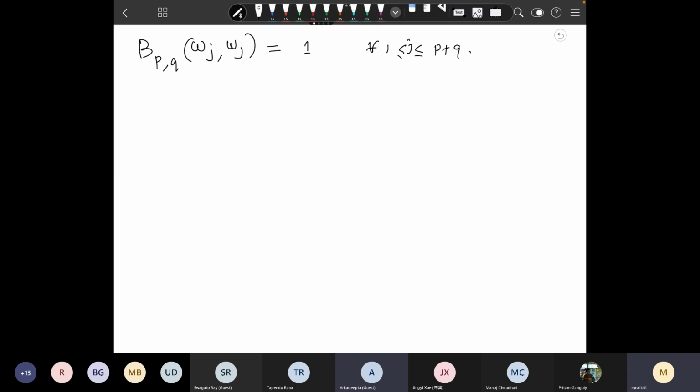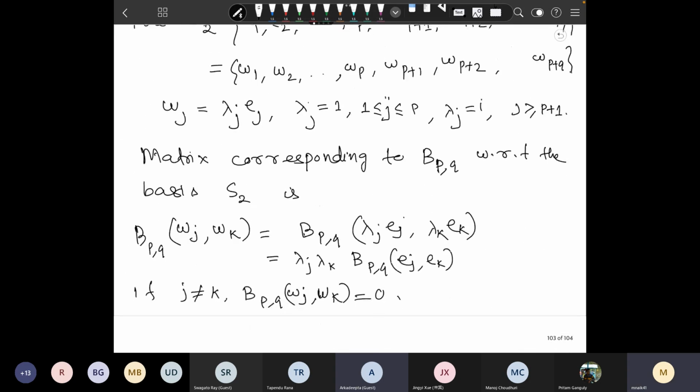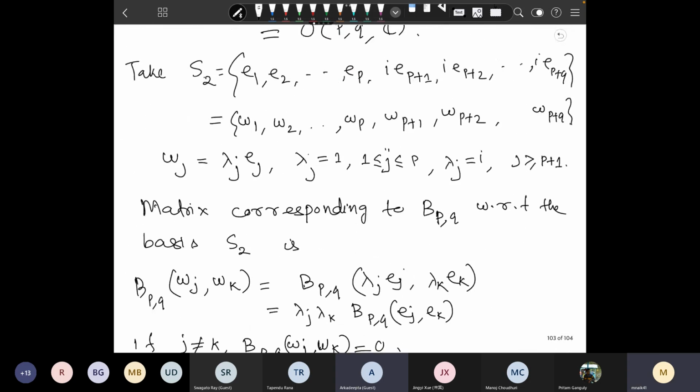You can check this, since in the latter half I have multiplied by i, so i squared is equal to -1, and B of EP plus 1 and EP plus 1 is -1, so that will give you +1.